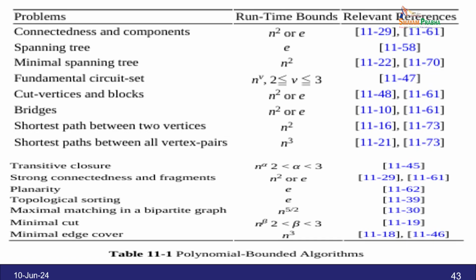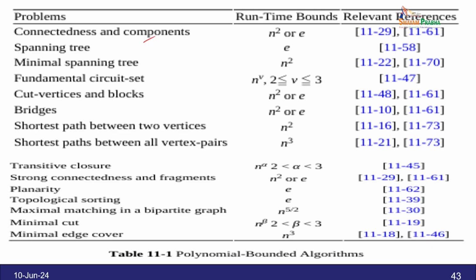So this is the running time and the relevant references. For the problem of connectedness and components, the running time is n square or E, with relevant references 11 to 29, 11 to 16 as mentioned.